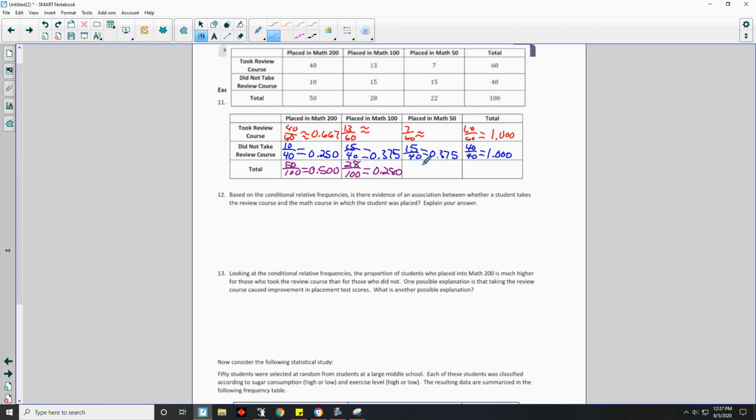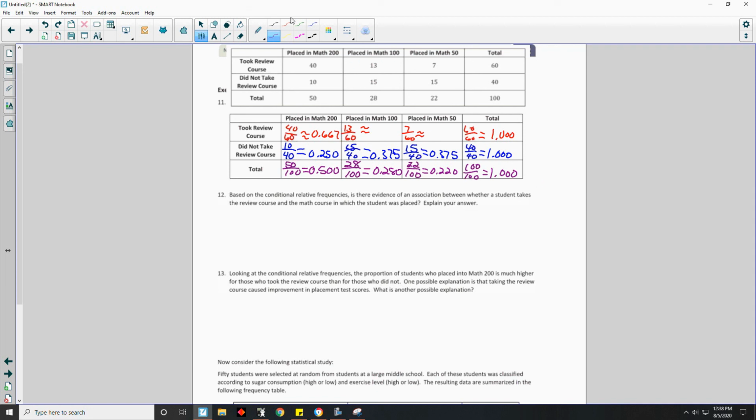And this is 15. No, it's not. It's 22. 22 out of 100. Well, that's 22 100ths, which is 0.220. And then finally 100 out of 100, which is 1.000. Okay, so there's the table filled out.